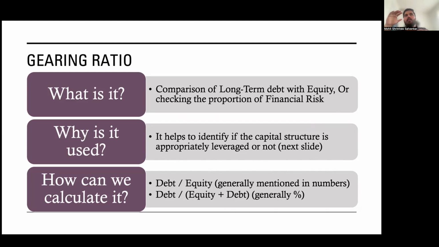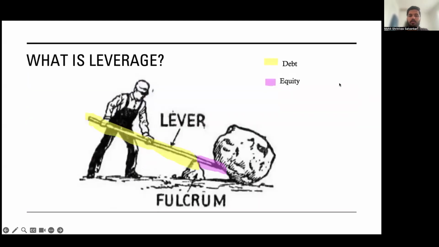When we say leverage, it comes from the word lever. Lever is this. If you look at this image, it will be easy for you to understand. So this is a lever. This stick is called a lever and it is used to lift heavy weight objects. This setup is called a lever.